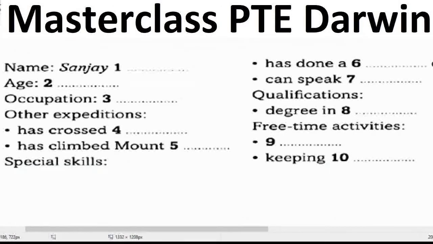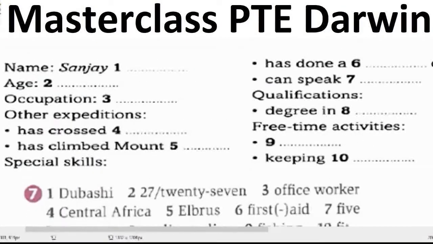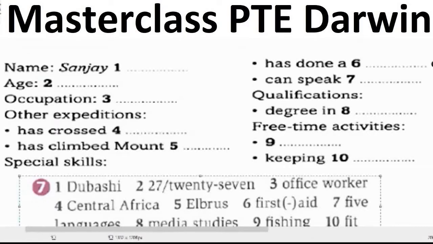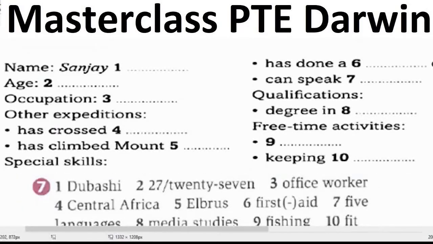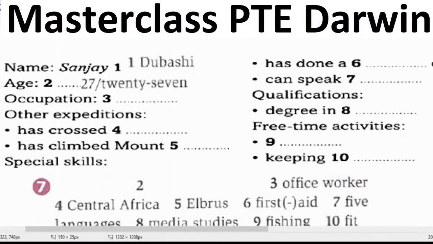Sanjay was his first name, and the second name was Debashi, so the spelling was D-U-B-A-S-H-I. And how old was he? 27. You can write 27 in numerical figures, or you can spell it out.